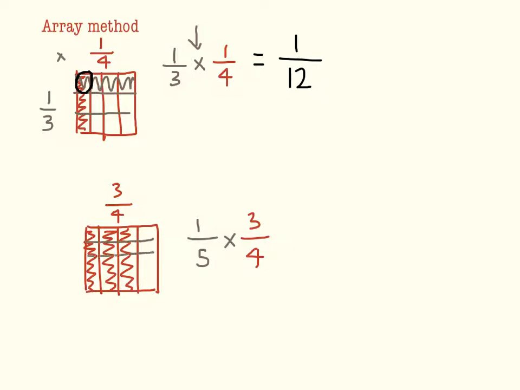I would split them into fifths this way. And I shade 1/5. And we notice here this time there are 3 pieces that are shaded in both colors out of the 20 pieces in the whole array. So therefore your 1/5 times your 3/4 gives you 3/20.